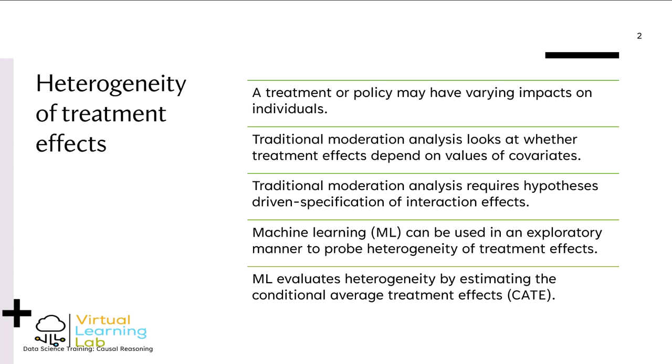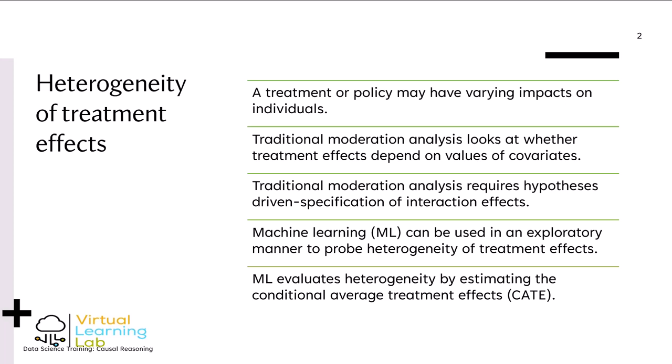Traditional evaluation of heterogeneity of treatment effects is done through moderation analysis. For example, in regression analysis, this would be adding interaction terms in the model, interactions between treatment and covariates.